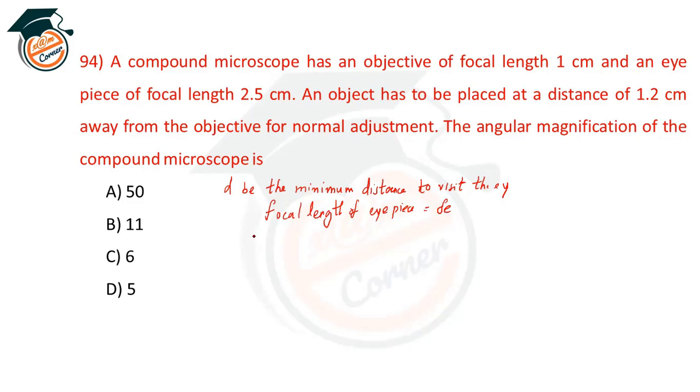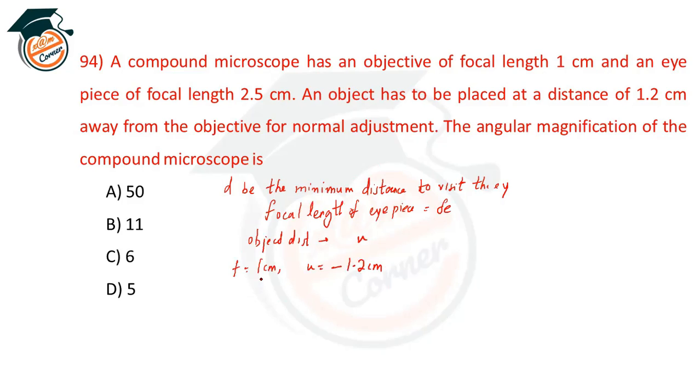Then the object distance from the objective is U. Given conditions: F is given as 1 centimeter, U is given as minus 1.2 centimeter.